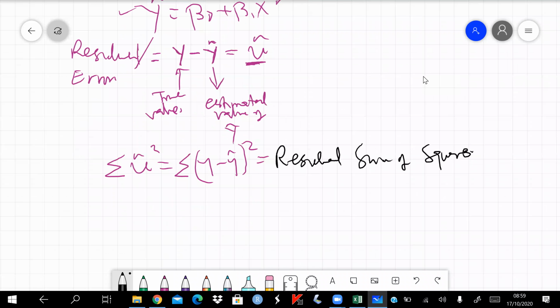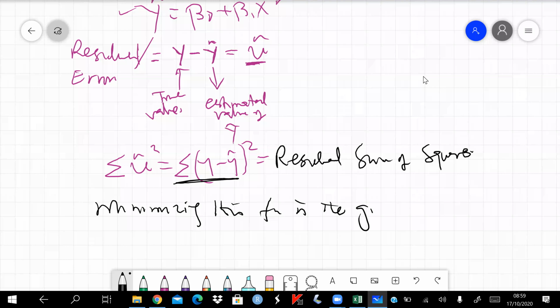And as I've mentioned, the objective of the OLS method is to minimize this function. Minimizing this function is the goal of OLS.